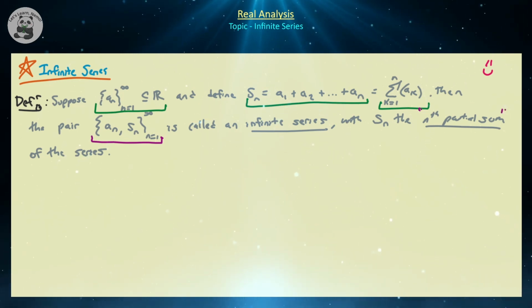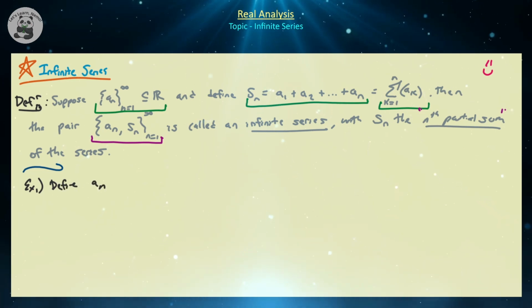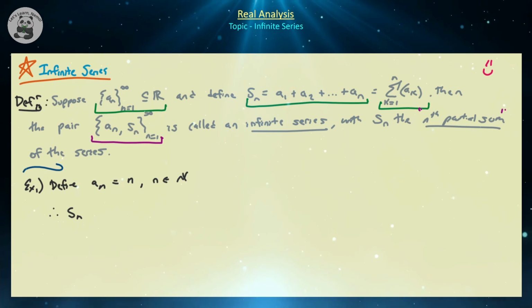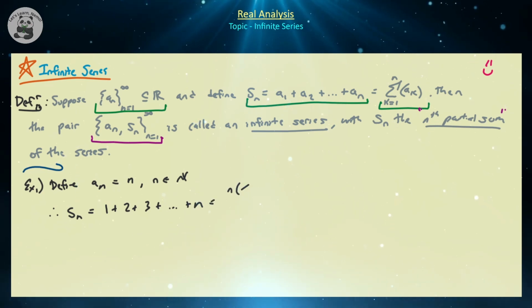So let's do a quick example of what exactly a series is. We're going to define our sequence a_n to be equal to n, where n is in the set of natural numbers. Therefore, what is the nth partial sum of this sequence? This is going to be equal to 1 plus 2 plus 3 all the way up to n, and we already know that this is equal to n times n plus 1 divided by 2.